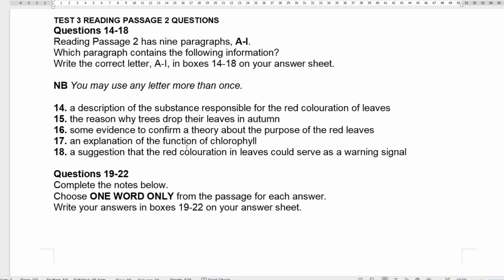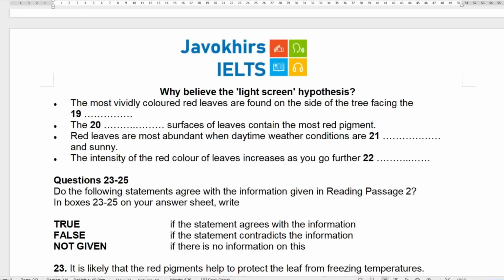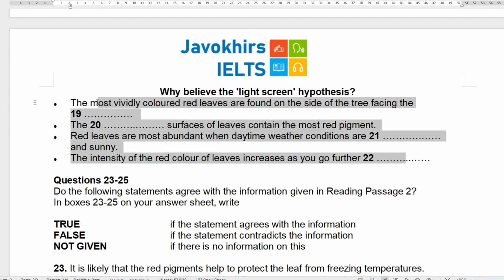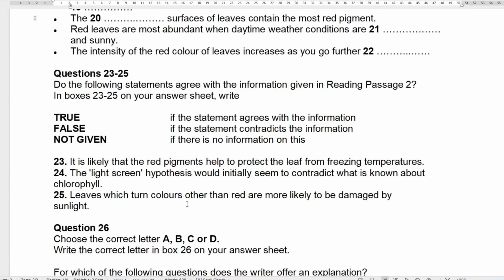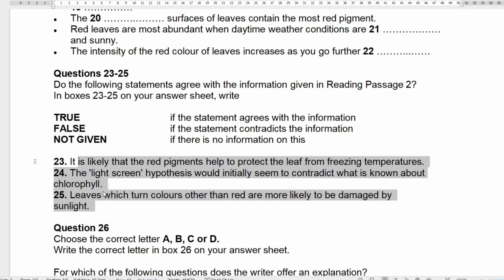So when it comes to doing matching features, I guess, whenever you're doing a matching feature, you have to keep an eye on these kinds of questions and questions for true false not given as well.